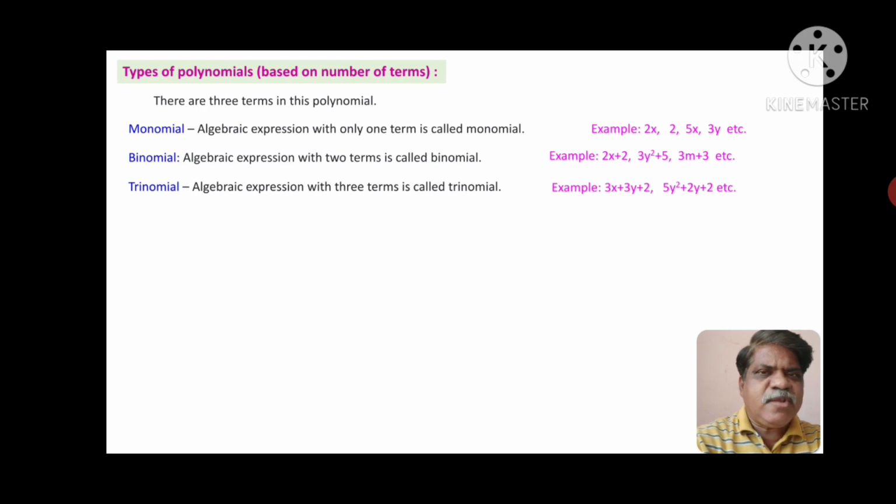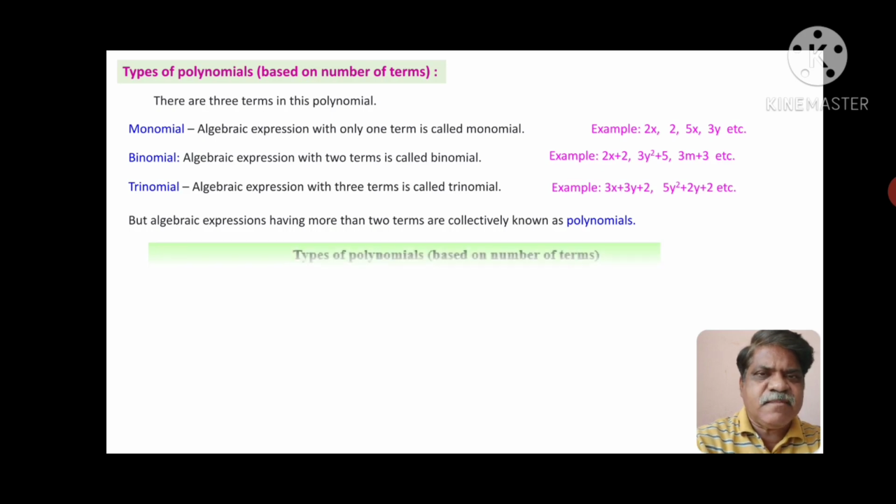So monomial, binomial and trinomial, these are the three types of polynomials based on the number of terms. You can see in each example, for the first there is only one term, in the binomial there are two terms, and in the trinomial there are three terms. But algebraic expressions having more than two terms are collectively known as polynomials.